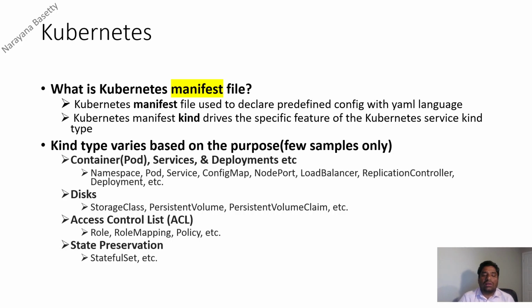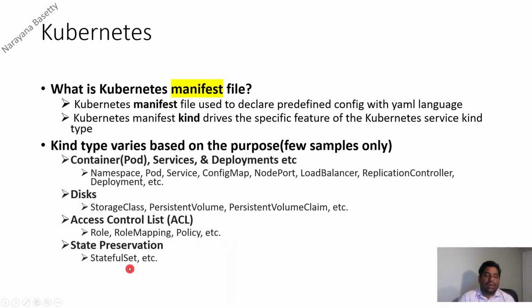Those are the few classes which I have specified for the kind. And say you want to control specific user groups, right? Such things are called access control, and you can also map them with kind. Role mapping policy: you can specify what kind of policy a particular namespace can have, and so forth.